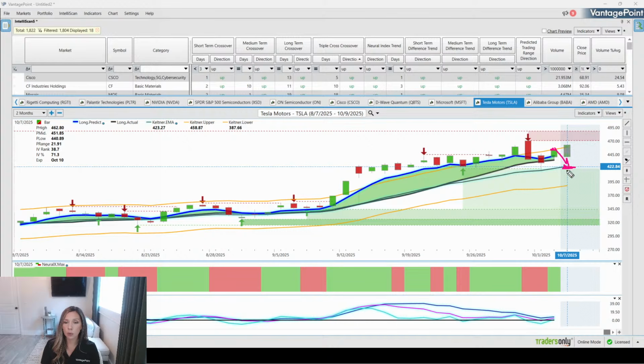So using that 20-day EMA or predictive EMA in VantagePoint, you can see that if we're able to stay above, then the likelihood of a continuation could be higher. So this is, again, stacking those probabilities in your favor, making sure that you understand not only the day-to-day, but also the overall scope of the trend potential as well.